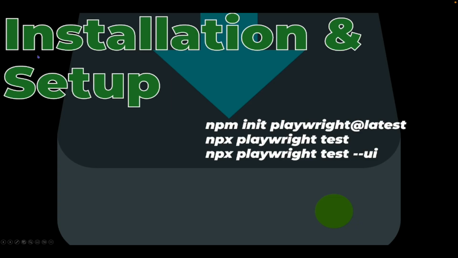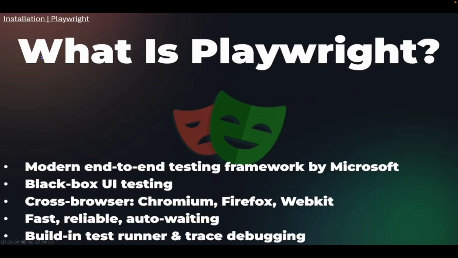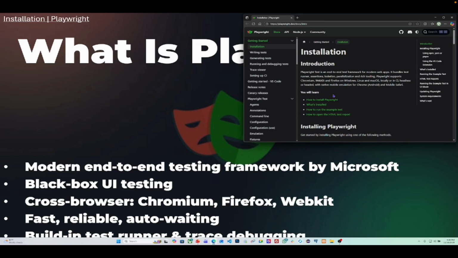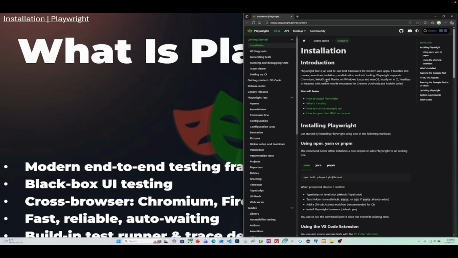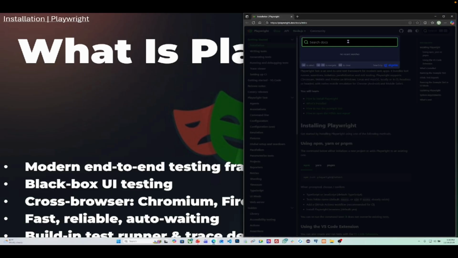Okay, installation and setup. If we go back, I put a link there. If you go to that link, let's click on that link. That link will open the installation page for Playwright. Let's verify something really quick.